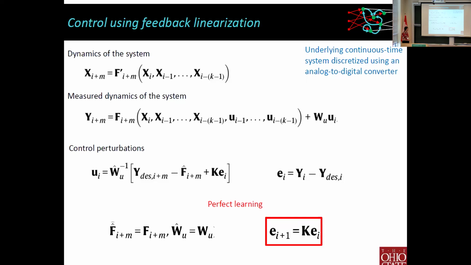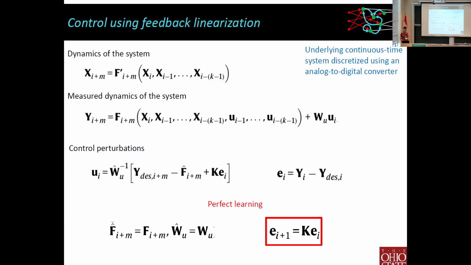Yeah. So if I do have perfect learning where F hat is equal to F and W hat inverse is equal to WU, then the dynamics reduces to this simple equation where E is just the error from where I want to be versus where it will be one step in the future and the current error.